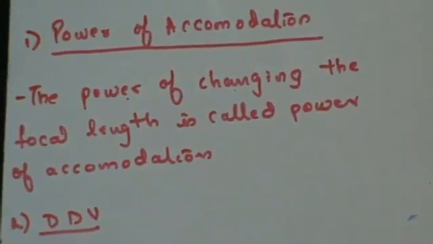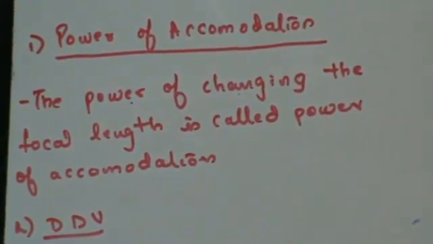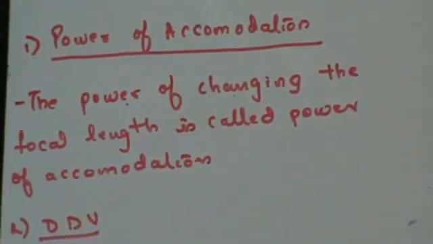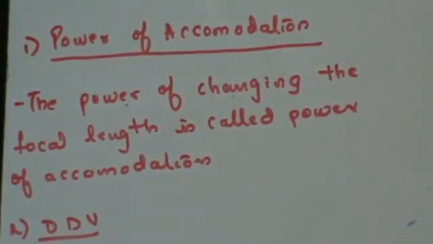In the case of the human eye, this is 25 centimeters. That means if you want to see any object clearly, it should be placed at a minimum distance of 25 centimeters from the human eye.